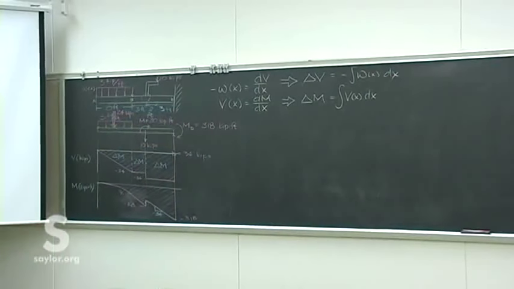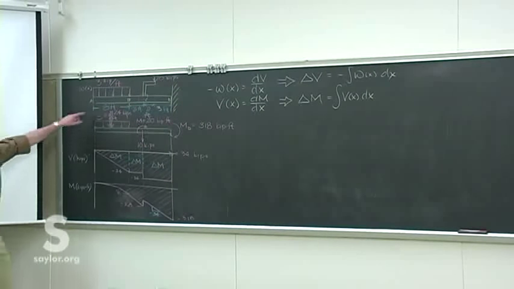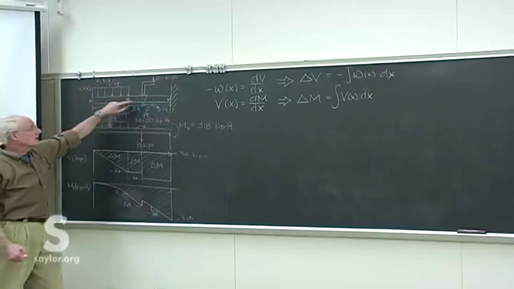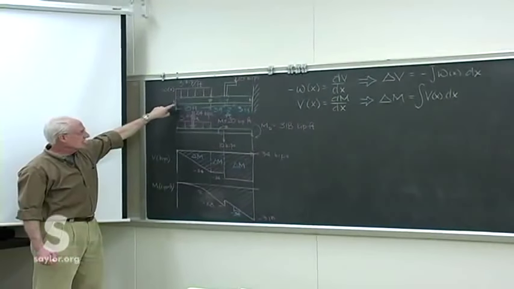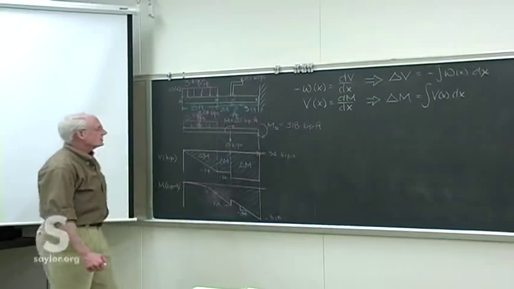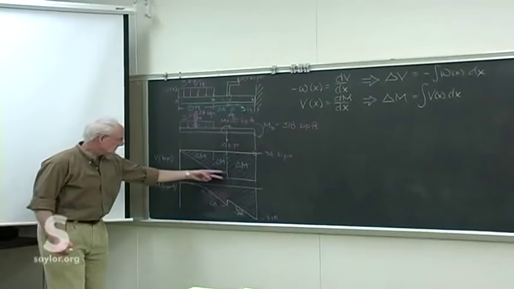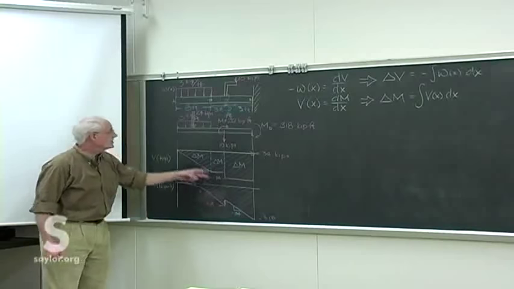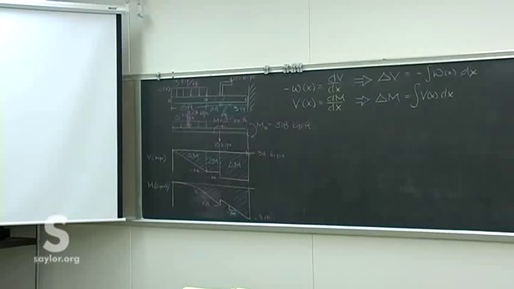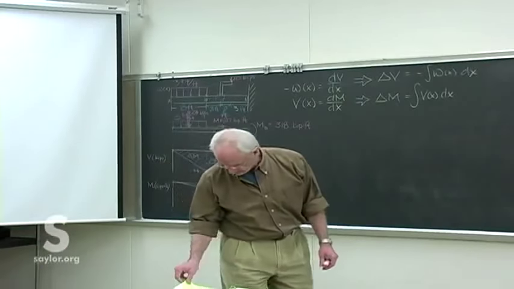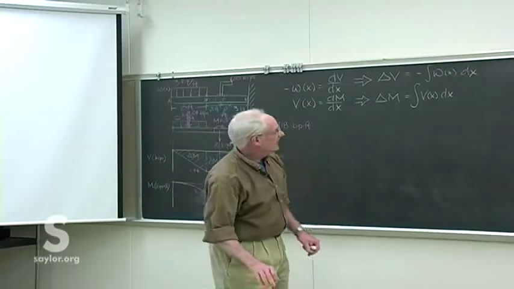So we have those four relationships, plus any of the point values that we happen to understand, especially at the free ends or at the reactions. Combine all that with the known jumps because of either applied loads or applied moments, whichever might work, and we can complete these.